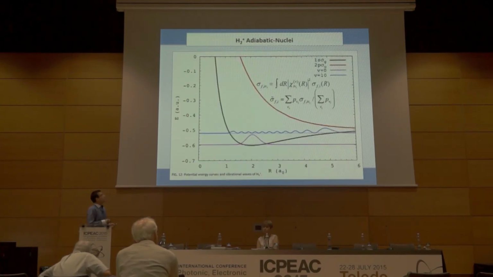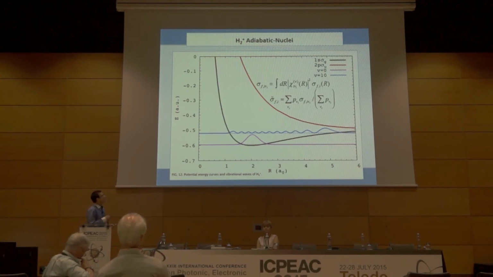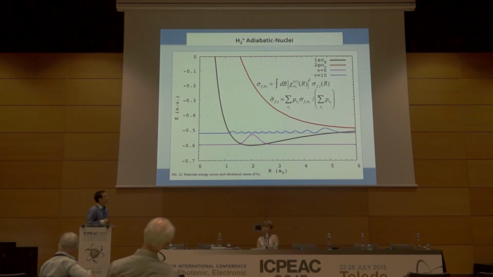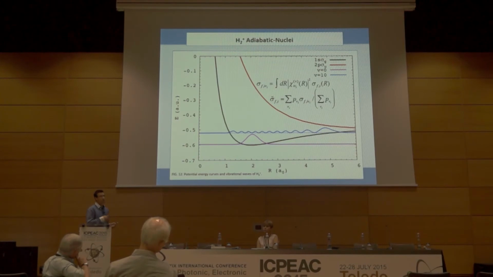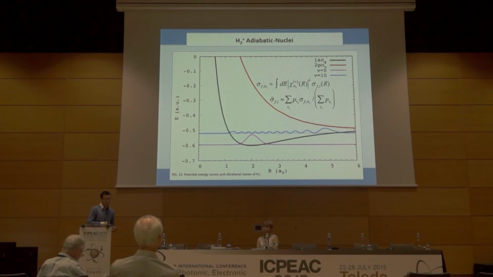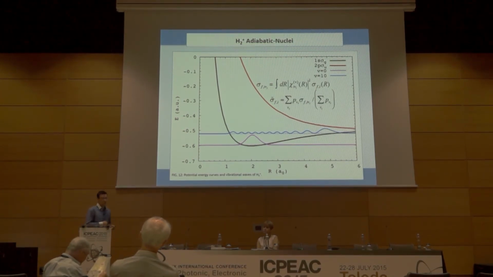So this is the potential energy curve of H2+, the ground state and first electronic excited state. And we calculate scattering from each vibrational state with the adiabatic nuclei calculation here, and weight according to the vibrational distribution with this equation here. And because we're using a single center expansion method, our structure model is not accurate for larger values of the internuclear distance.